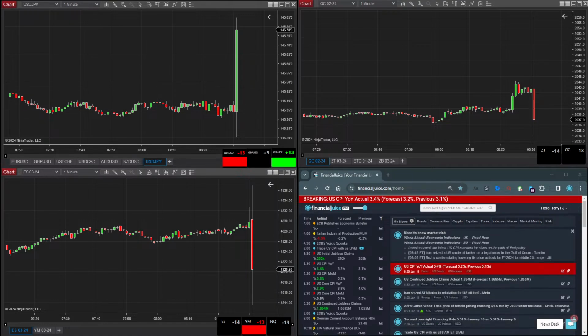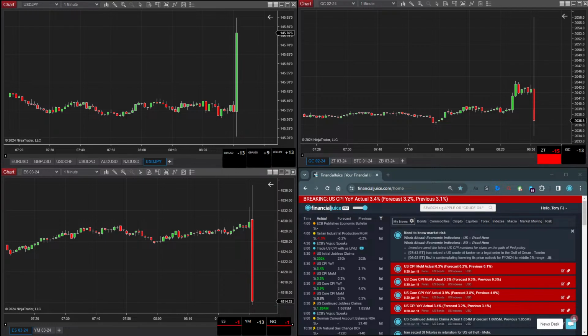Okay. So 3.4% for the year on year, a 0.2% deviation compared to the forecast of 3.2%. So strength on the dollar, weakness in the stock indexes. Month to month, seen a 0.1% deviation, at 0.3%.